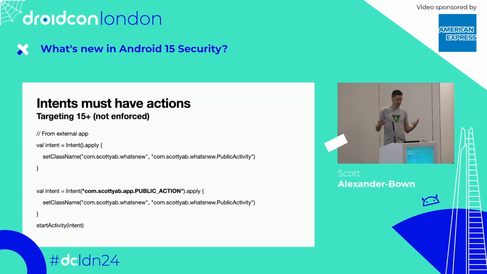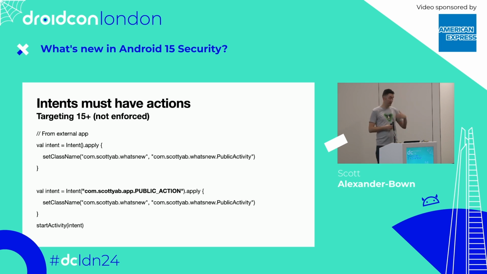So when you're calling from an external app, this first intent, at the moment that works, even when you're targeting Android 15. When that will change, I don't know, but this is an unsafe intent launch, and because it hasn't got an action, the addition of that public action there will keep you compliant.